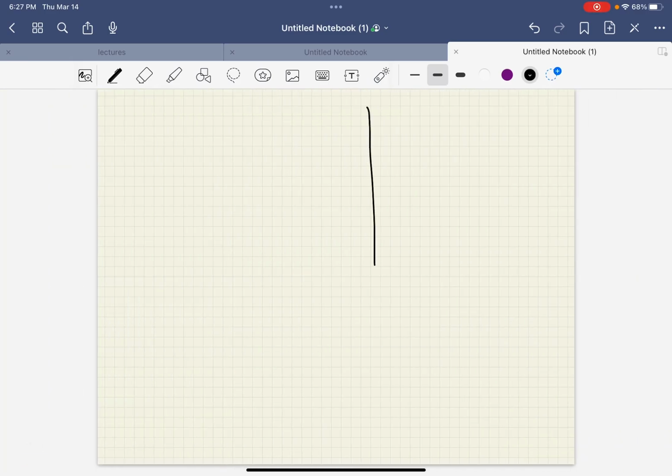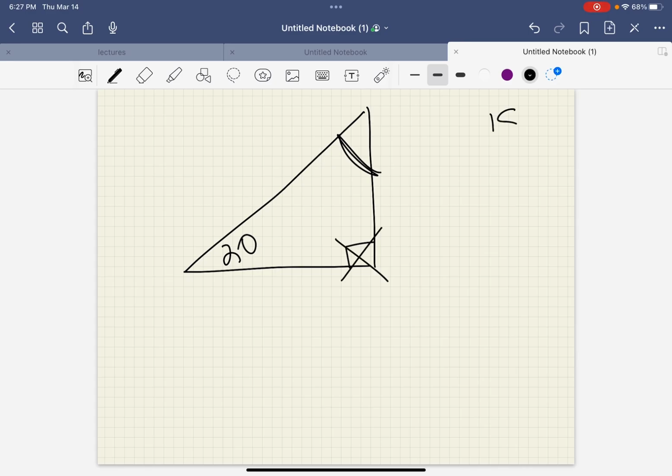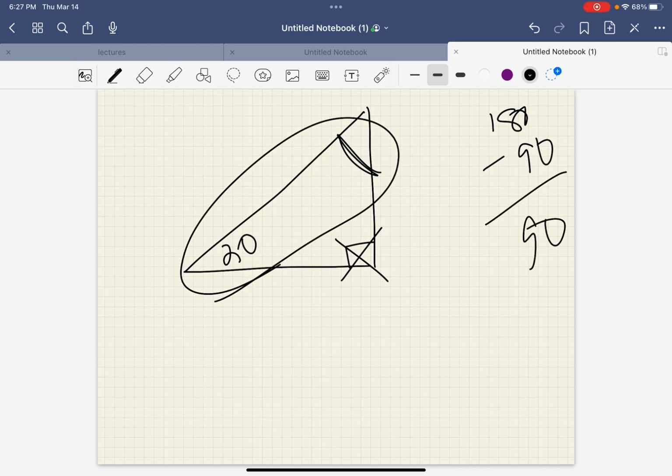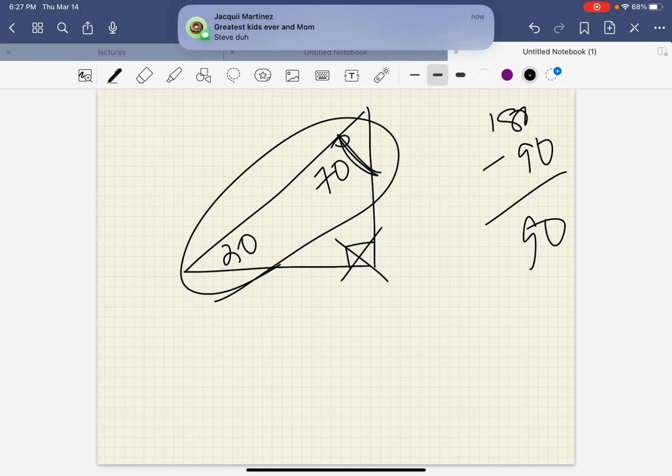First of all, if I gave you that picture and I told you that this was 20 and asked you to find out what this is, there's no reason for you to add 90 plus 20 and then subtract it from 180. 90's already used up here, right? 180 minus 90 leaves us with 90 for these two angles. So if this is 20, this one has to be 90 minus 20, which is 70.